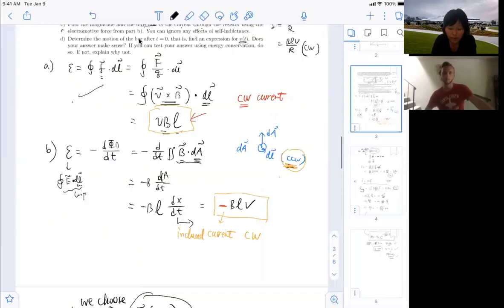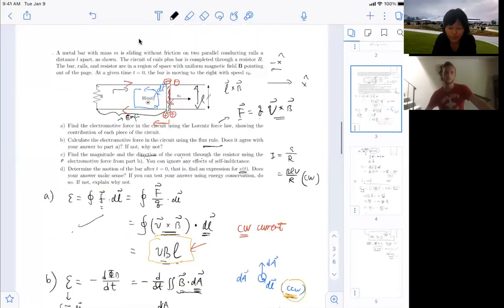So that means if there is a problem saying the bar is maintaining a constant velocity of v naught, how could it possibly maintain a constant velocity? There must be an external force holding the bar and continuing to move it with the same velocity, right?